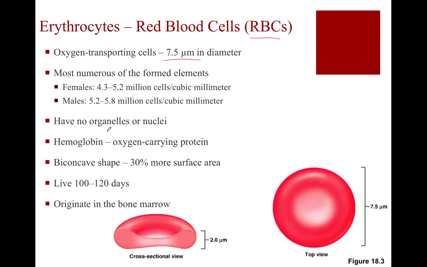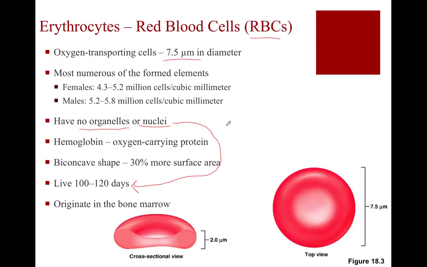A very fascinating fact about red blood cells is that they do not have any organelles or a nucleus. As you can see, there is nothing stained purple that identifies as a nucleus. Because the cell does not have a nucleus and organelles, they live a relatively short life of about 100 to 120 days.